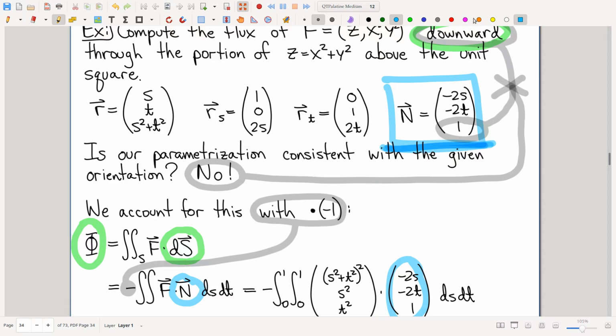The greens and the blues differ by a minus sign, so I fix these equations by inserting a minus sign right there. Does that make sense to everybody? And then just proceed with the calculation. Everything's fine after that. Okay. And of course, don't forget to carry along that minus sign.